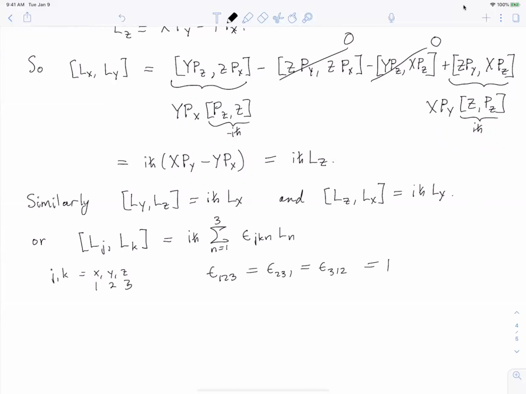Those are all 1. And epsilon 1, 3, 2 is equal to epsilon 3, 2, 1 is equal to epsilon 2, 1, 3 is equal to minus 1. And all others are 0. Okay, so this is the anti-symmetric tensor.